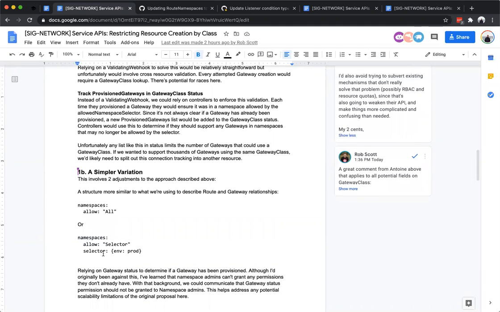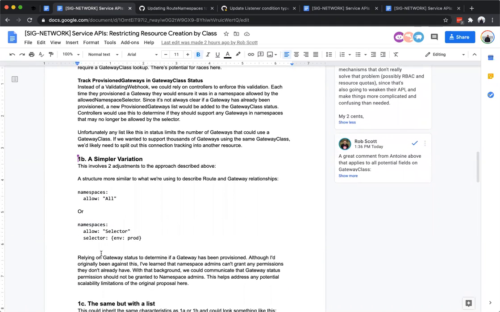That may or may not be simpler, but there's a second part of this that suggests that we could rely on gateway status instead of gateway class status, which I had initially argued against because it seemed less secure.